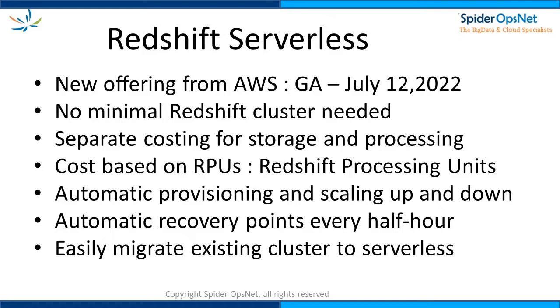Cost for processing and compute capacity is based on Redshift processing units called RPUs. When you submit a query, Redshift automatically provisions the base RPUs configured, scales up or down based on the workload, and releases the capacity once work is completed. This allows for periods when there is zero cost.